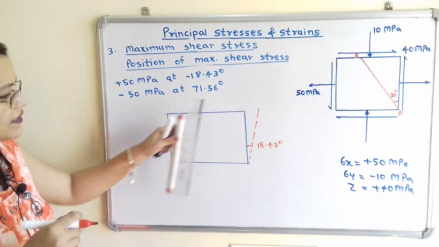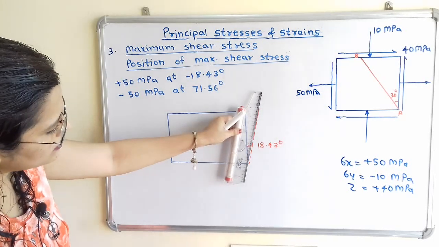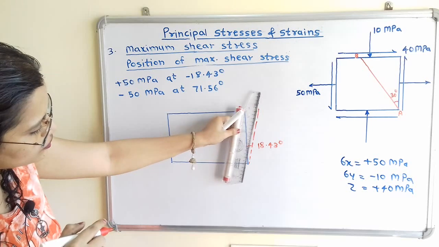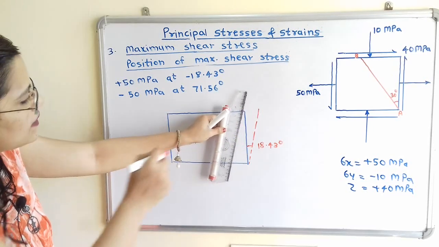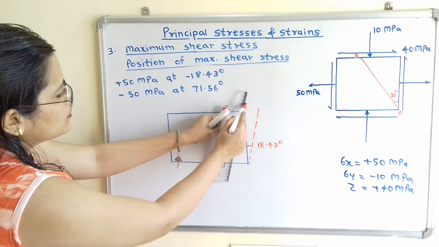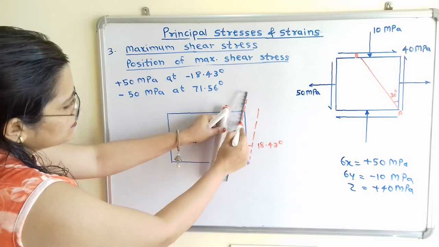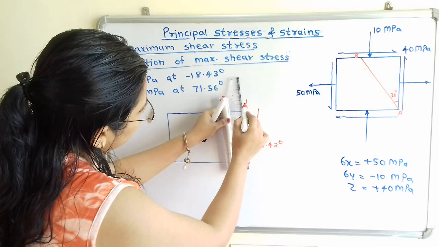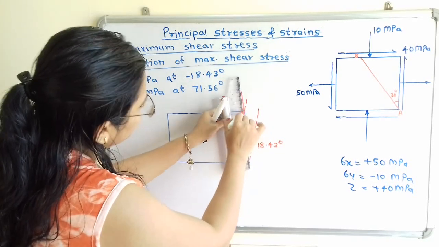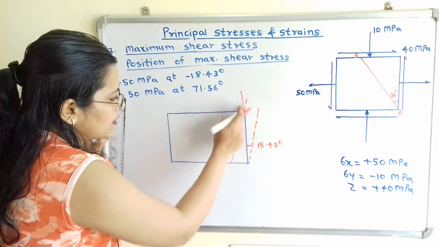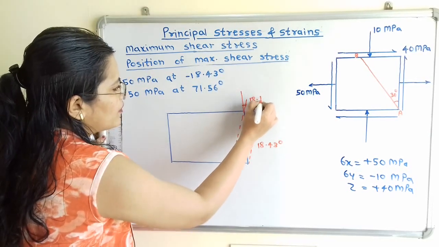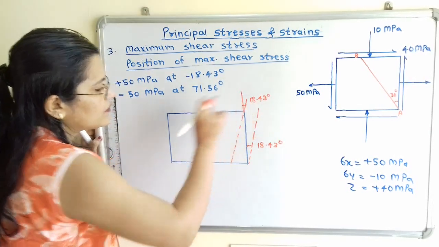But this line is outside the body, so we will take the same line inside the body. If I take the parallel line, then it should pass through this point. Then if I extend this vertical line, this inclined line is also making an angle equal to 18.43 degree with this vertical line.